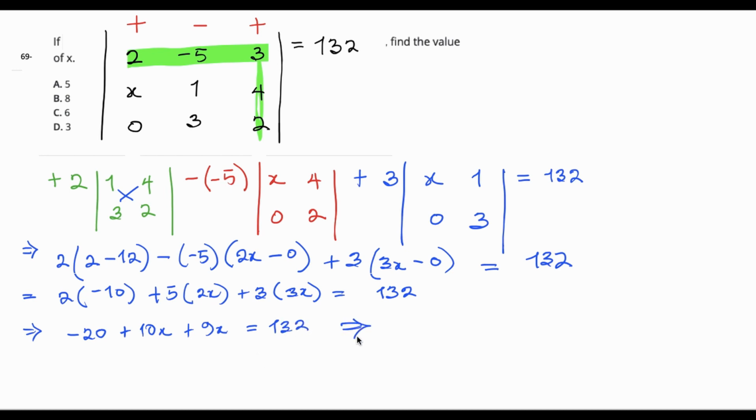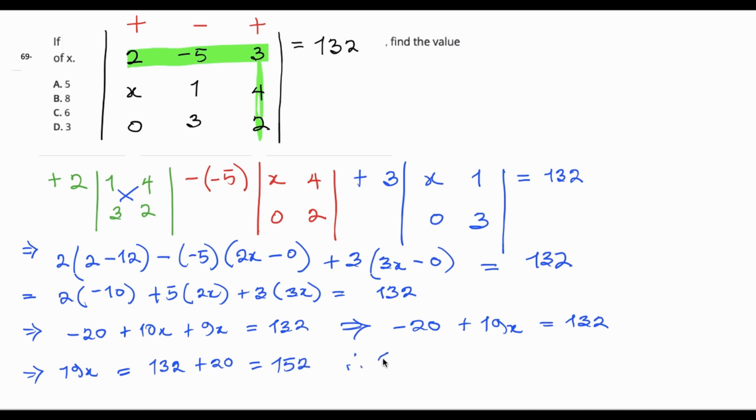So this is the same as minus 20, 10x plus 9x equals plus 19x equals 132. So if we make x the subject of the formula here and we move the 20 to the other side, we'll have that 19x is equal to 132 plus 20, which is equal to 152.